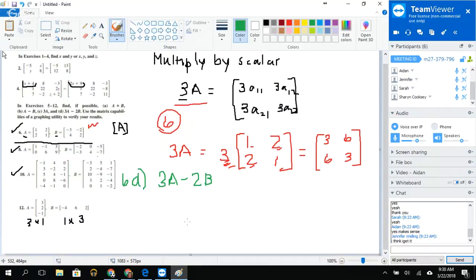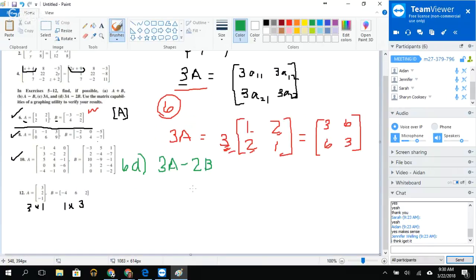What we're going to do is just like order of operations, right? We're going to do our multiplication first, and then we're going to do our subtraction. And we've actually already solved for 3A. For 3A, we know that is a matrix that is 3, 6, 6, 3. We also have a choice with our minus 2B.